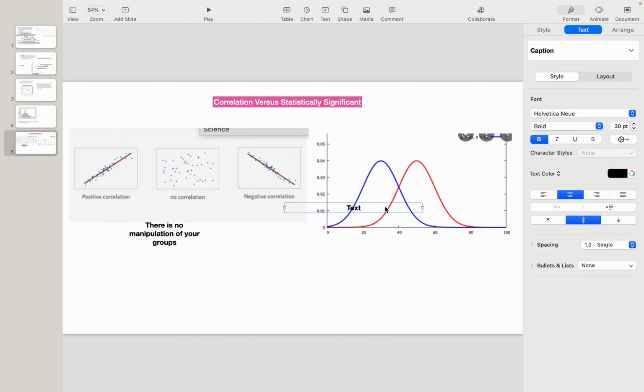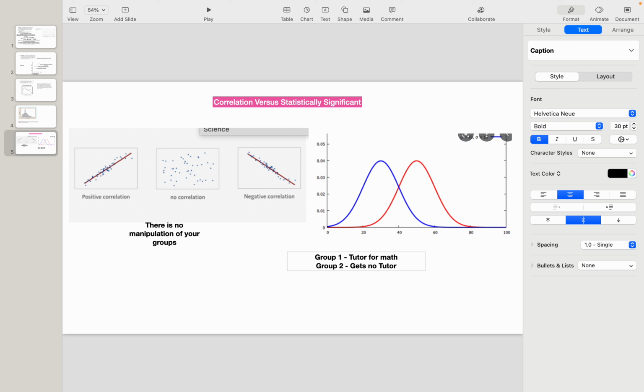Let's say group one, what do I want to measure here? Let's say group one gets a tutor for math, and group two gets no tutor. Maybe we can have three groups.